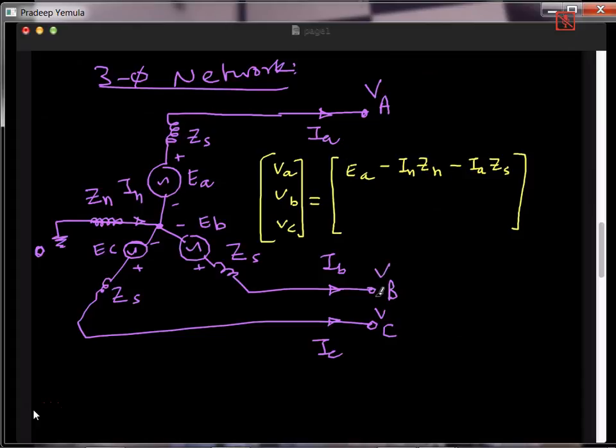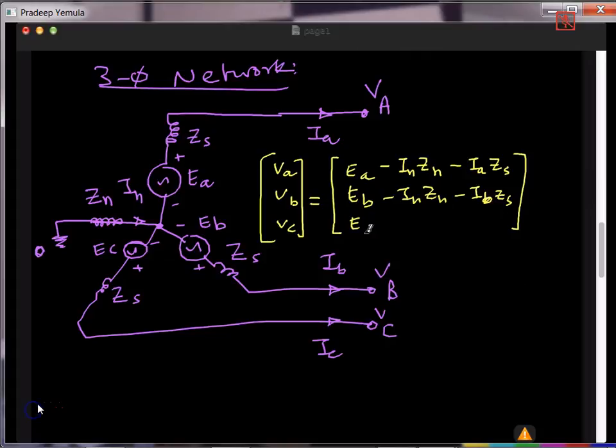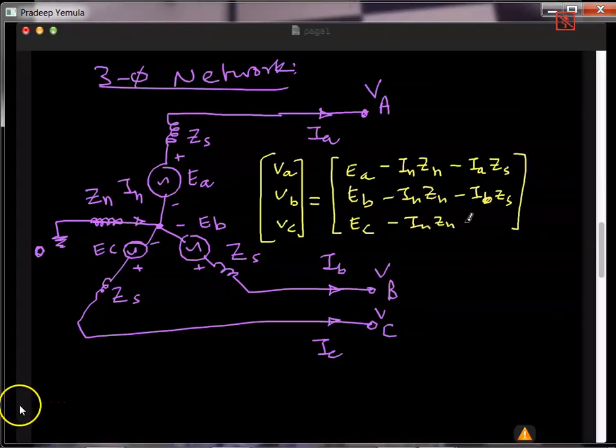What about VB? The voltage at this point is from here 0, voltage drop here, and then EB is there, voltage is increasing, and then finally this one. Just a minute, let me check this once. I am concerned about the direct IN into Zn minus IC into Zs. So this is just Kirchhoff's current law for each of these.